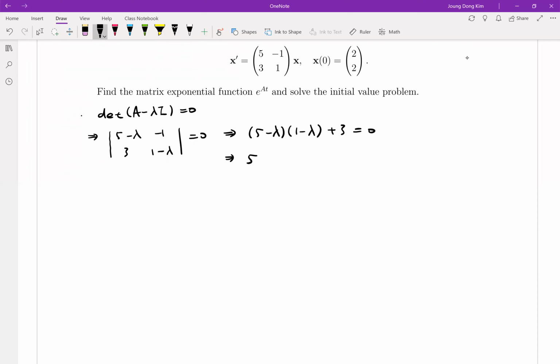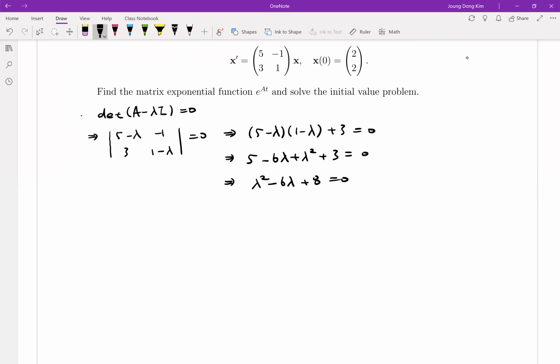Distributing, 5 minus 6 lambda plus lambda squared plus 3 equals 0. Then lambda squared minus 6 lambda plus 8 equals 0.